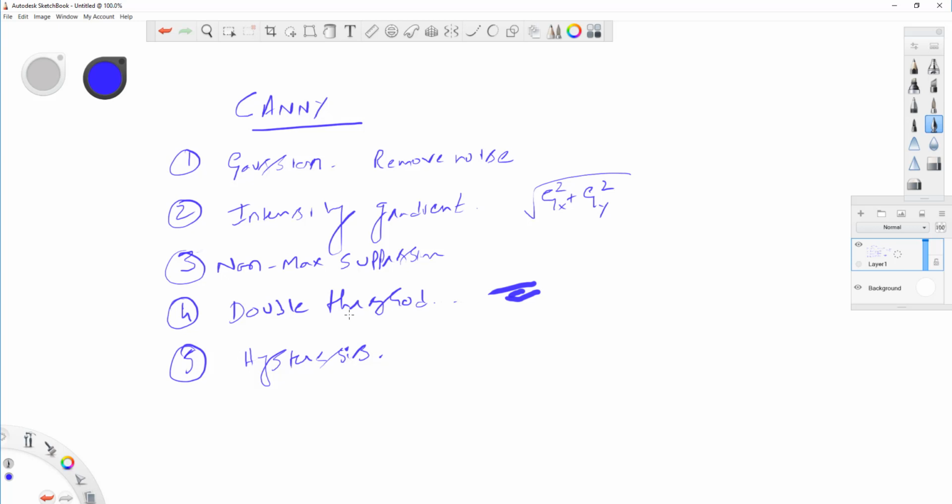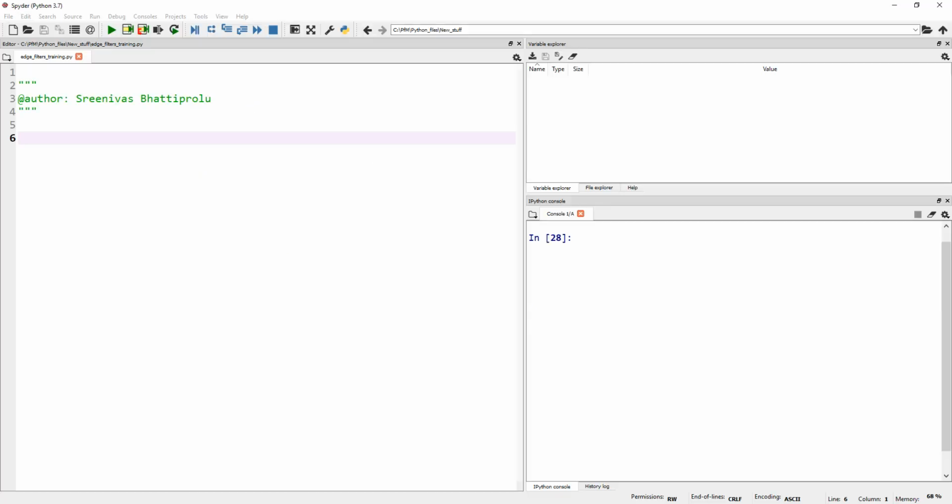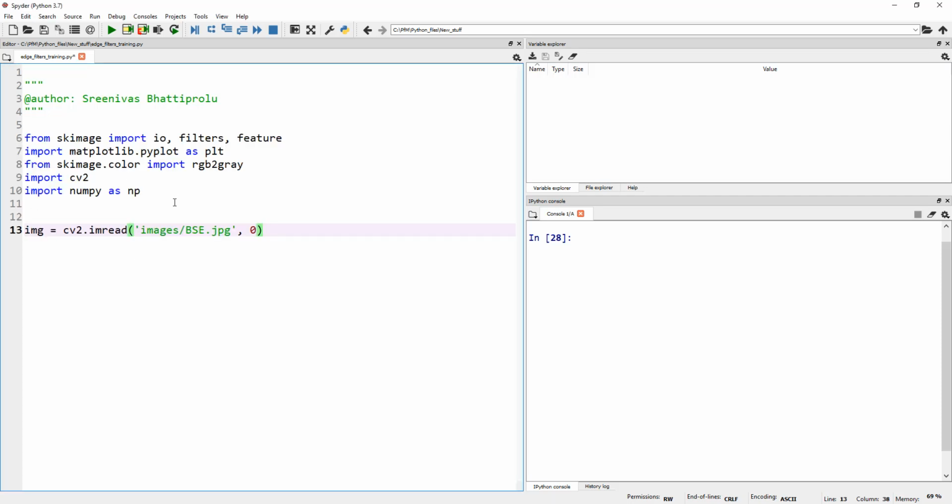So now I think it is time to jump into our Python Spyder IDE to actually apply all of these. Let me bring the Spyder IDE up again. As usual, in order to save time, I typed this ahead of time, so let's paste part of it. All the libraries up here are required to plot and to display the images.